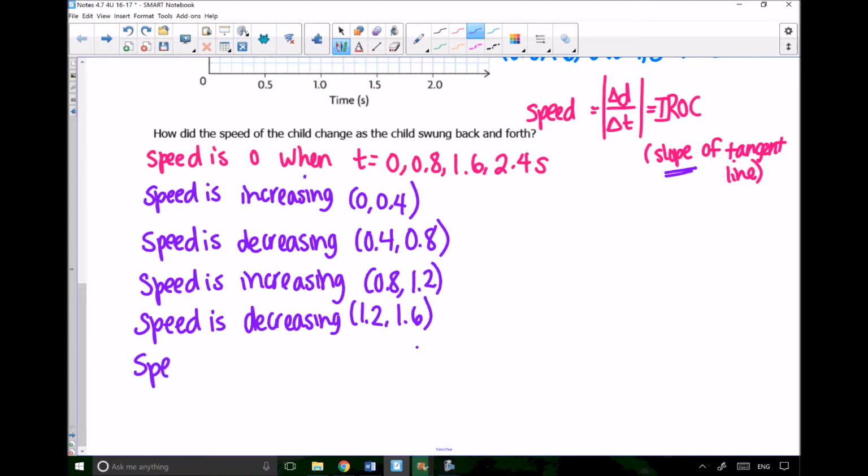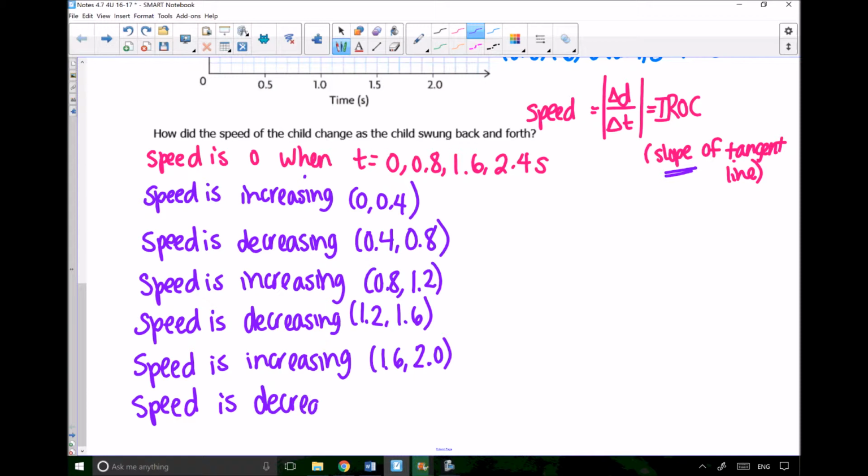Then the speed starts to increase again at 1.6 on the interval until it reaches 2.0 seconds, and then the speed is decreasing from 2.0 seconds to 2.4, and then that pattern will continue, okay?